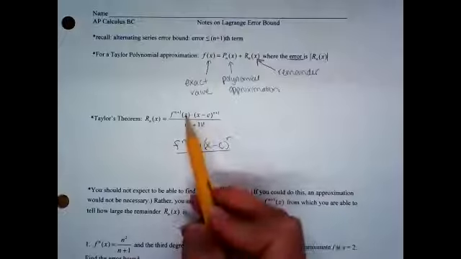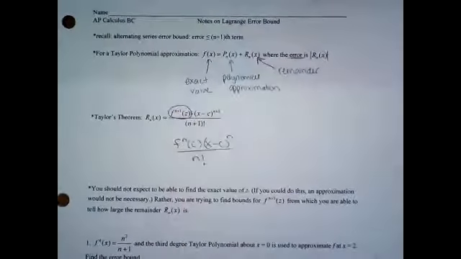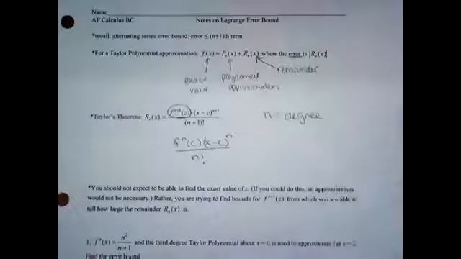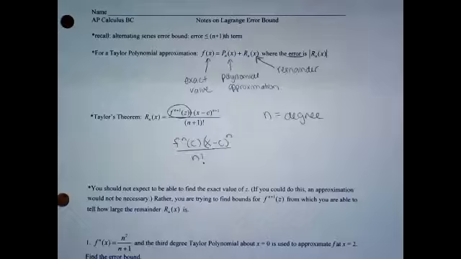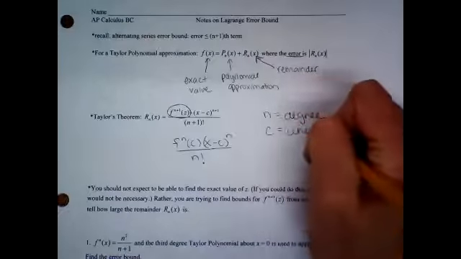And also you'll notice there's this value z. I'm going to talk about this in just a second, but let's list off to the side here what everything means, all right? N is the degree of the polynomial, and they always tell you that, like do a second degree polynomial or do a third degree polynomial. You're just going to add 1 to that, like you're going to go 1 further. C is where it's centered.